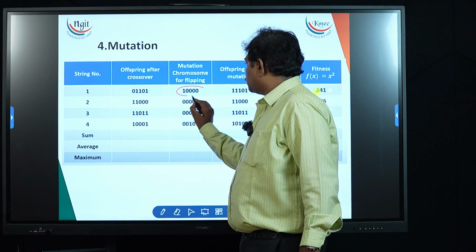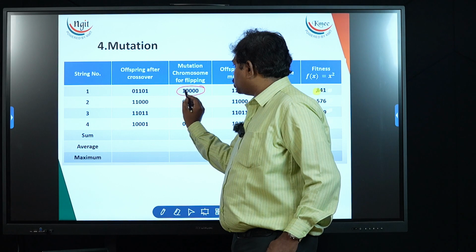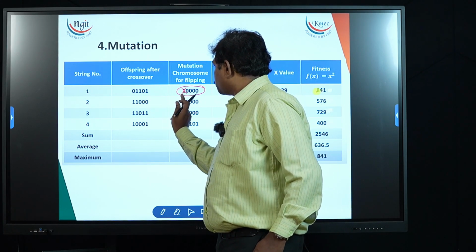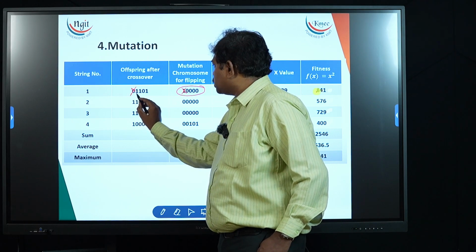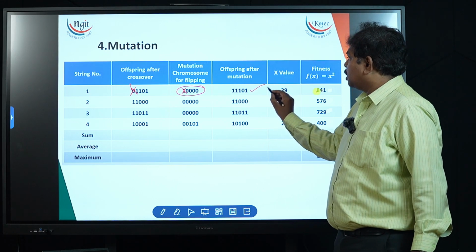When you apply a mutation, this 1 position is flipped with this 0, the first position is 1, that means this position is flipped with 1. So you get the answer 1 1 1 0 1.